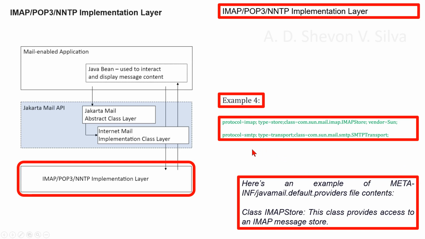Here the protocol attributes. Protocol: names are assigned to protocol, for example SMTP. Type: valid entries are store and transport. Class: name that implements this protocol. Vendor: optional string identifying the vendor. Version: optional string identifying the version.